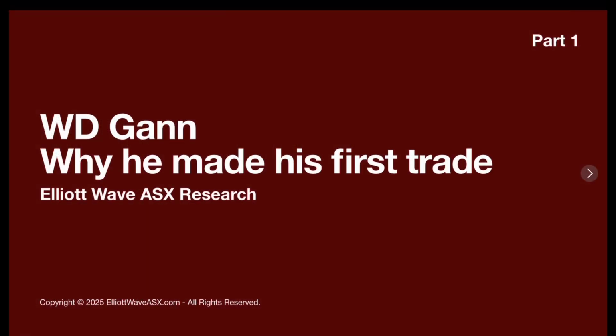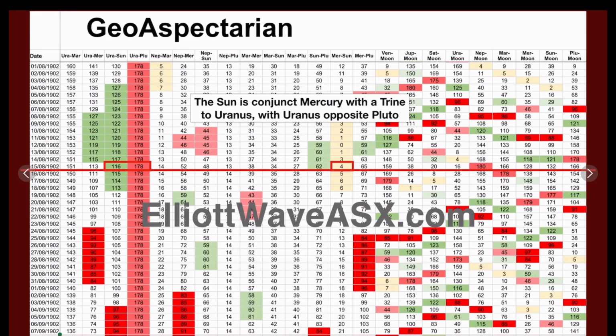Now back to why WD Gann made his first trade. It was on the 15th of August 1902, and let's have a look at the Aspectarian for that date. And as you can see, the Sun is conjunct Mercury with a trine to Uranus, and Uranus is also opposite Pluto.